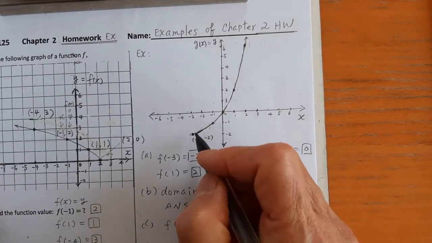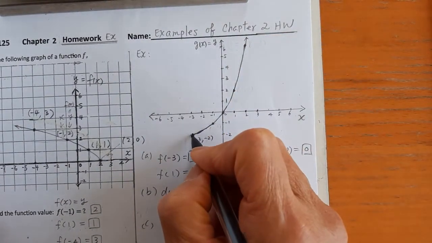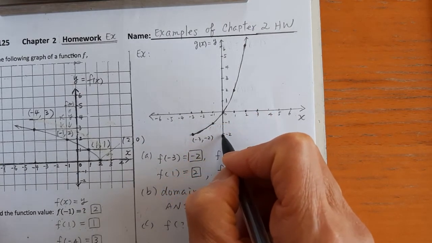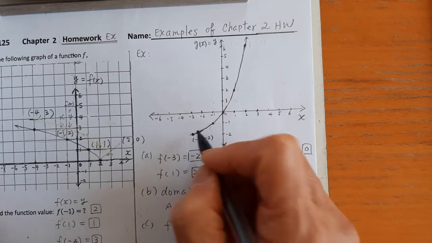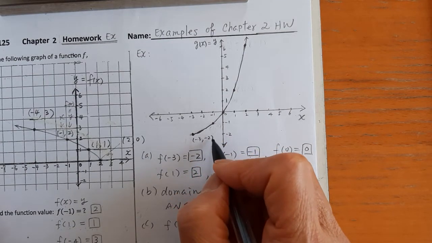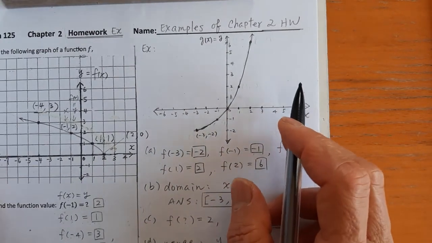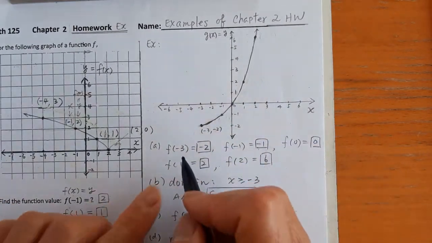Another example: if the graph looks like this and starts over here, the x coordinate is -3 and the y coordinate is -2. So the starting point is (-3, -2), and the graph goes up. It asks, what is f of -3?